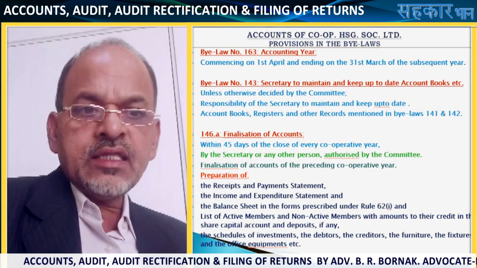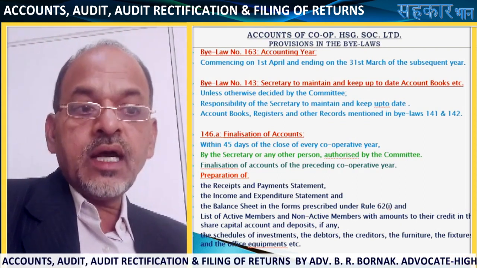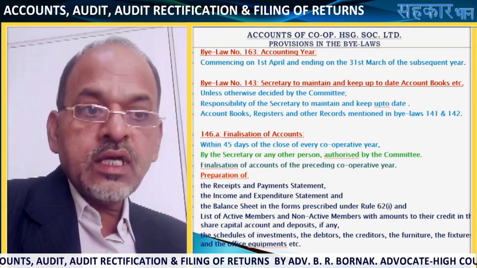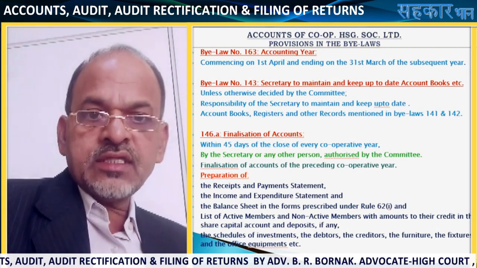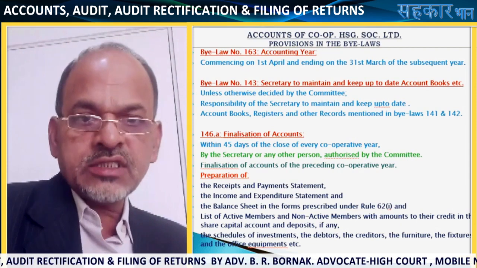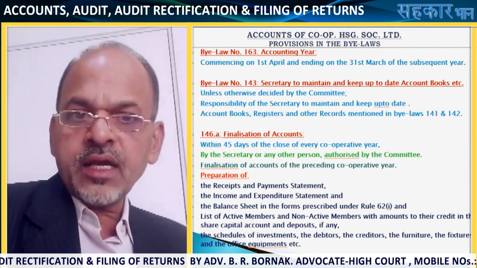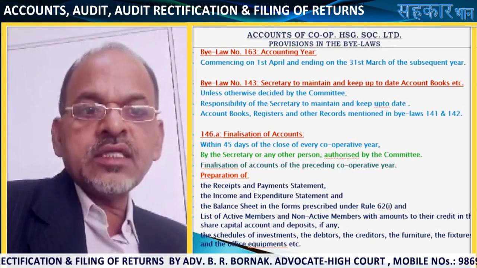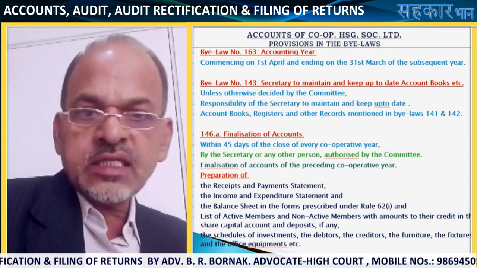Number one, the receipts and payment statement. Then the income and expenditure statement for the Cooperative Housing Society Limited. The balance sheet in the form prescribed under Rule 62(1).